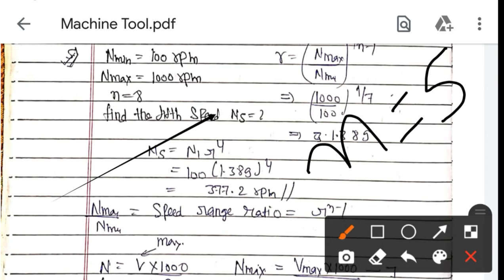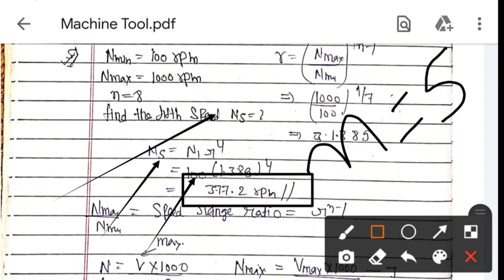So N5 is equal to N1 into r to the power 5 minus 1, which is 4. N1 minimum speed is 100 rpm, and the common ratio is 1.389 to the power 5 minus 1. So the fifth speed of the spindle is 377.2 rpm.